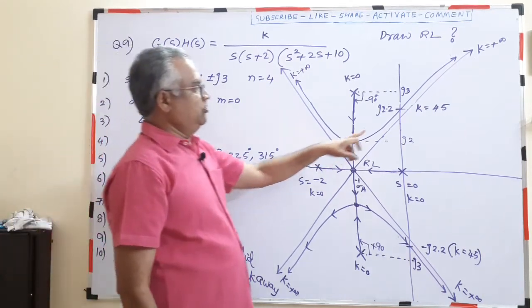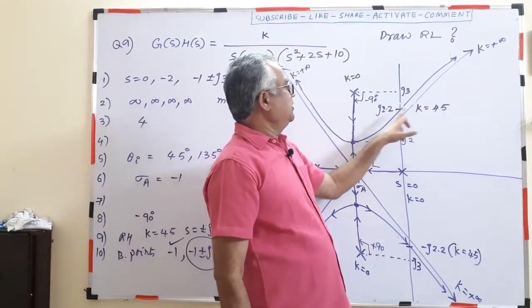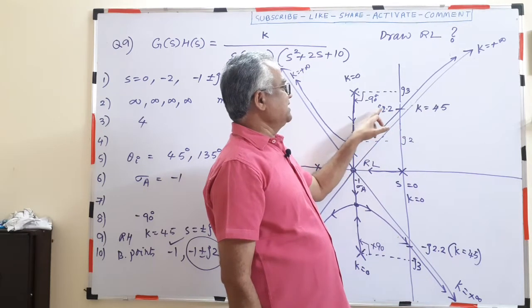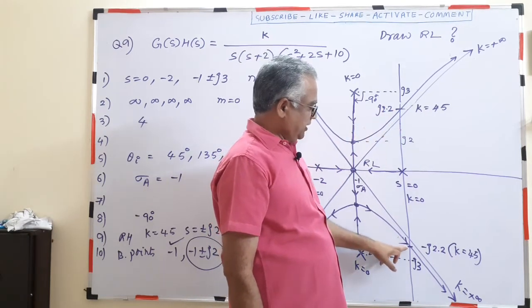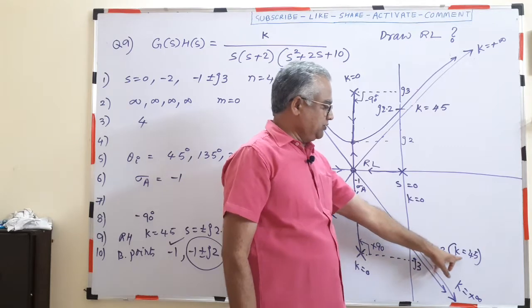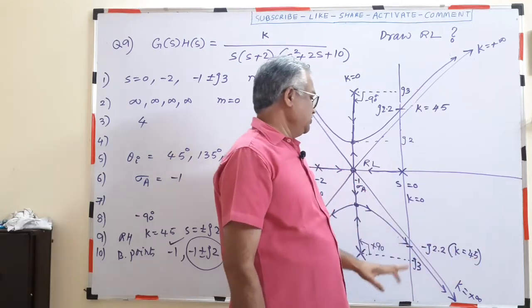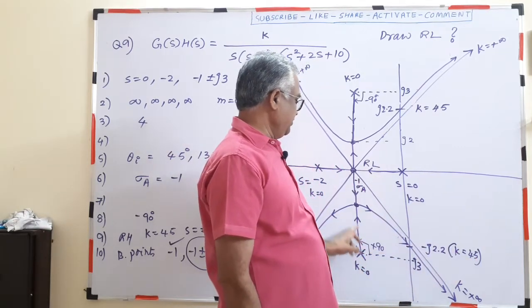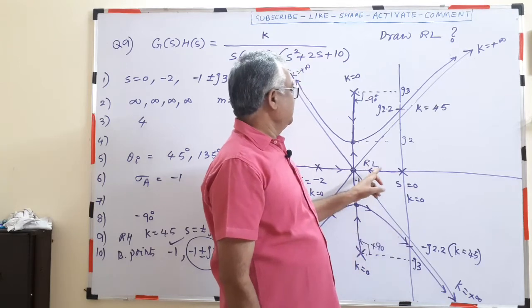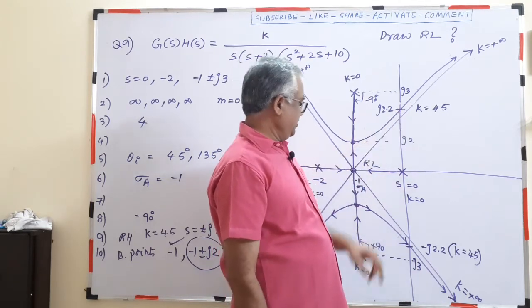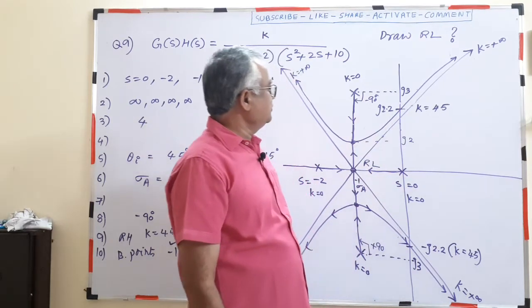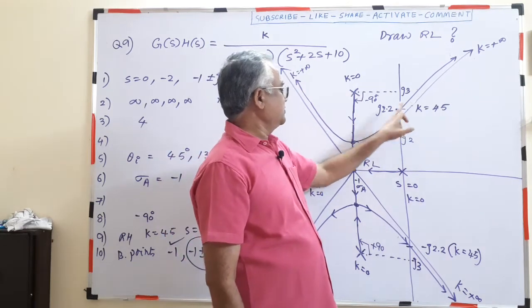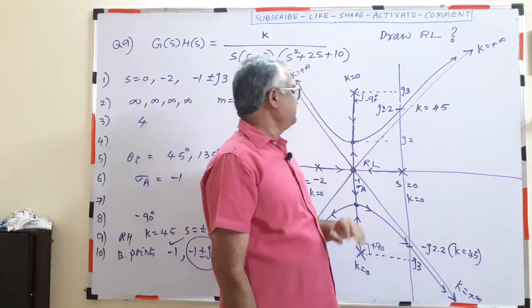You will get the value of K as 45, and crossing at plus j2.2. Here the crossing is at minus j2.2, and K remains the same. So when K equals 45, this is coming here, and this is coming here.